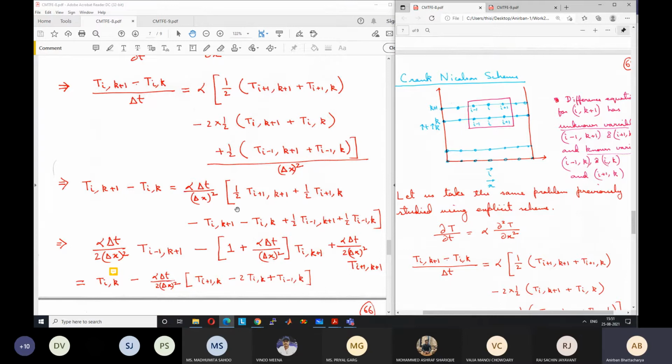This comes from this term. And minus of 1 plus alpha delta t by delta x square, Ti k plus 1. This one is for this term, Ti k plus 1 with a minus sign, and this comes to this side, Ti k plus 1, and that becomes a negative sign. So this has both the terms, this term plus this term.